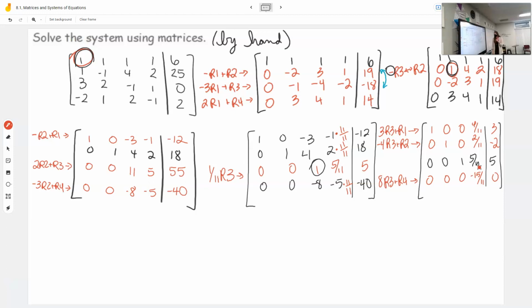Thanks, Paul. What is my final column step to do? My final column, how do I get this set up and ready to go? I get the 1 by multiplying by the reciprocal. And reciprocal would be, yes, you're right, negative 11 over 15 times R4.